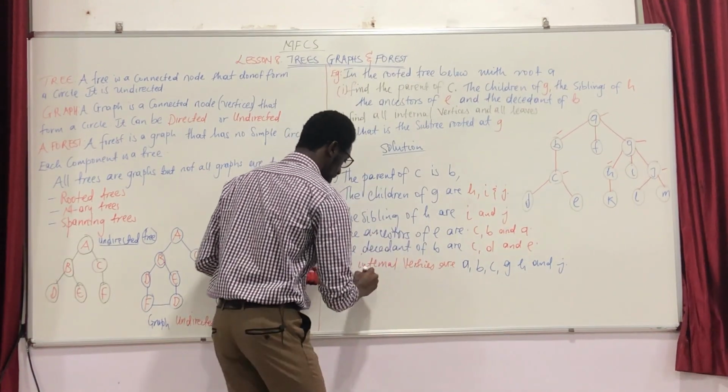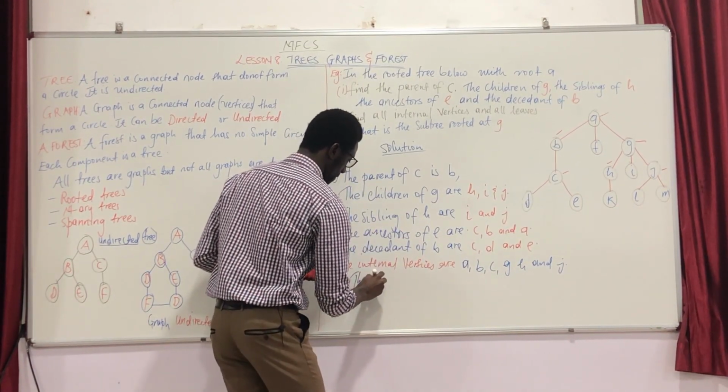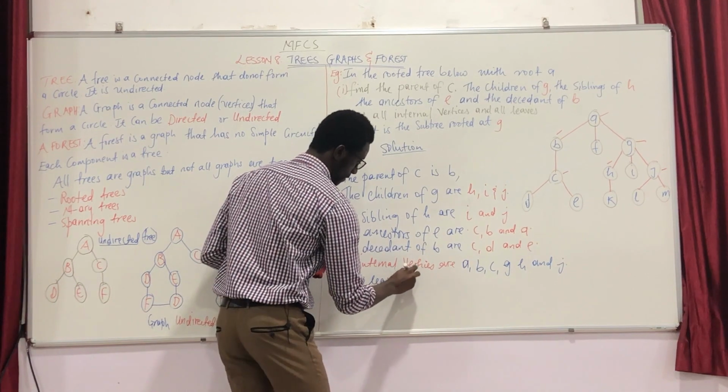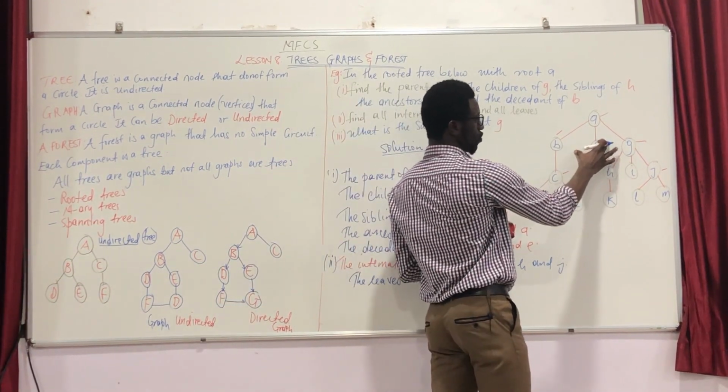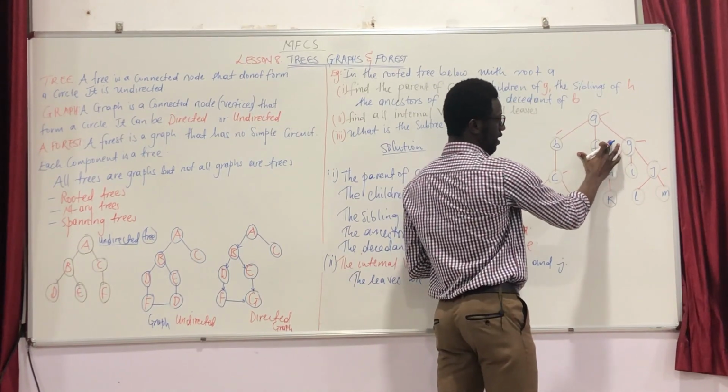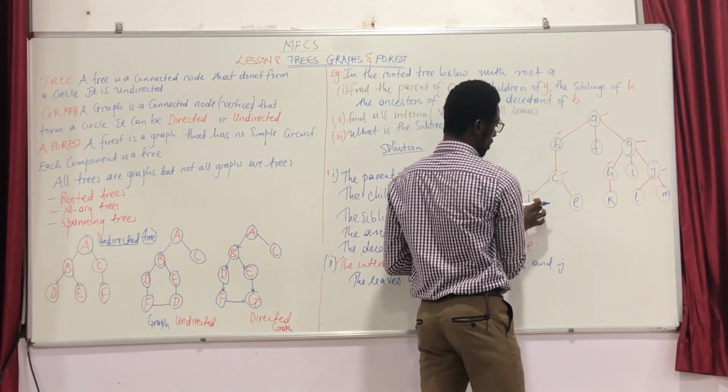And the leaves are, this one is a leaf because it has no children here. So this is a leaf. This is a leaf.